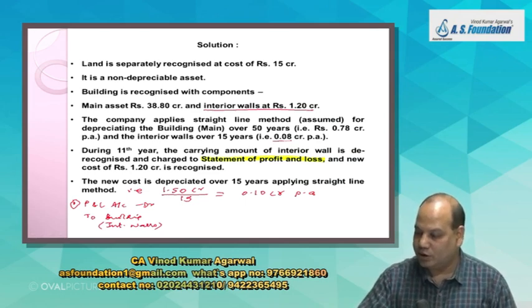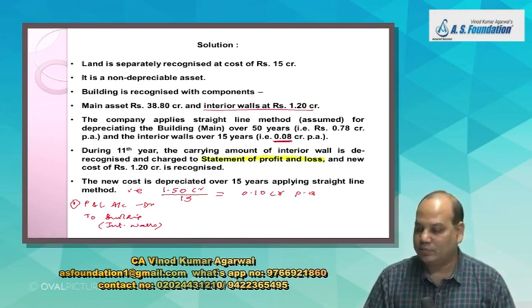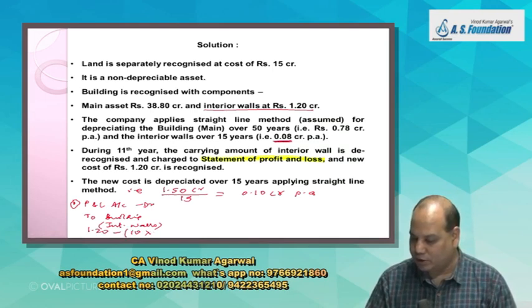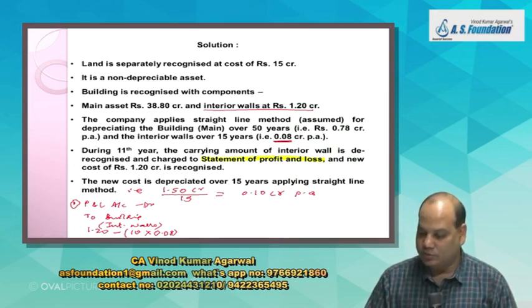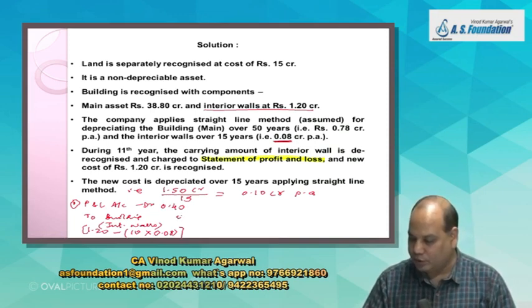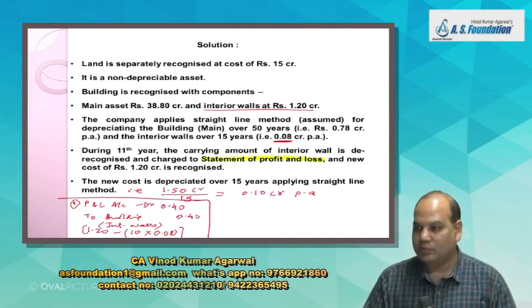You are depreciating it at 0.08 CR per annum. How many years are over? 10 years. So it will be 1.20 minus, in bracket, 10 into 0.08. This much you will derecognize. How much is this final figure? 0.40. So 0.40 is my first entry.